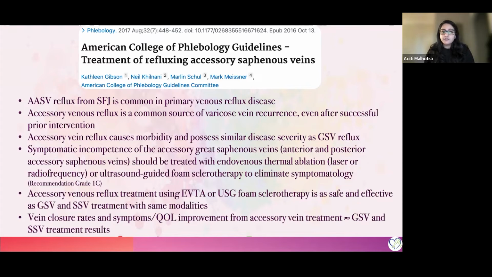And lastly, vein closure rates and symptoms/quality of life improvement from accessory vein treatment is similar to the GSV as well as SSV treatment results. So, as all of this is mentioning, the AASV is very important to not only recognize, but also treat, because our patients are significantly impacted by this, whether it be their quality of life or the severity of venous disease.